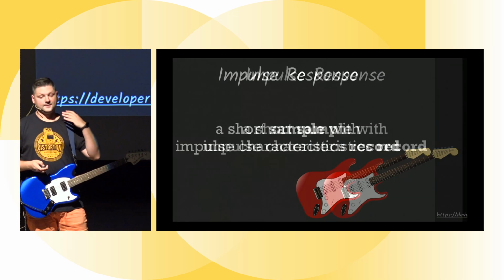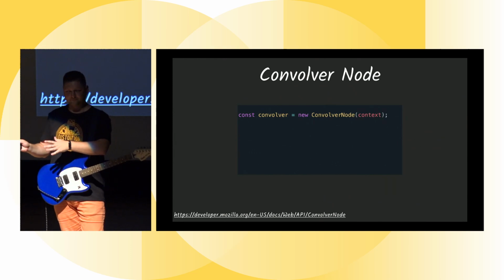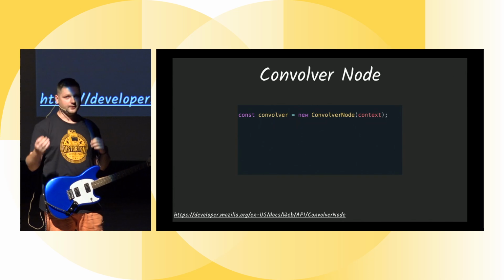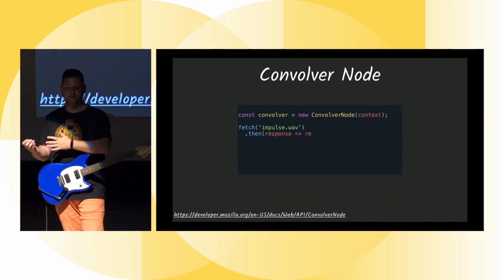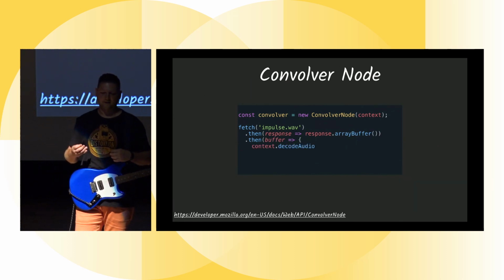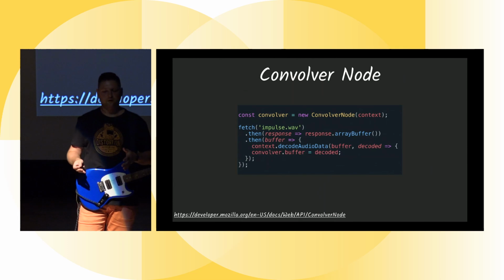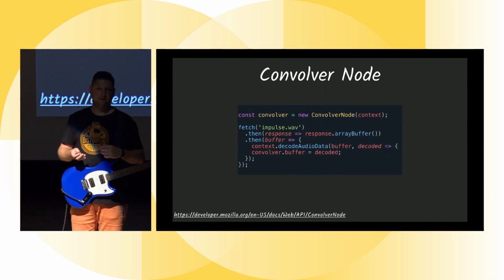And again, Web Audio saves us and hides a lot of complicated work behind the scenes. We can use the ConvolverNode. We create this convolver node, then we load the impulse response file, create an array buffer for it, decode it, and apply this buffer to our convolver node.